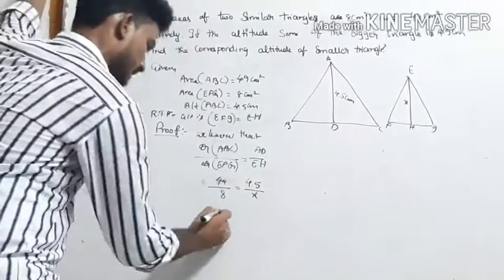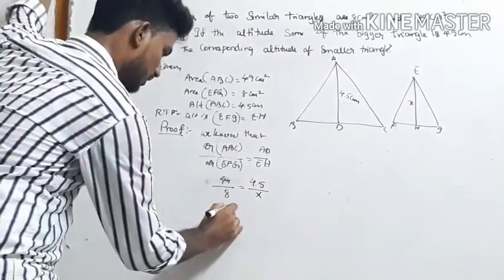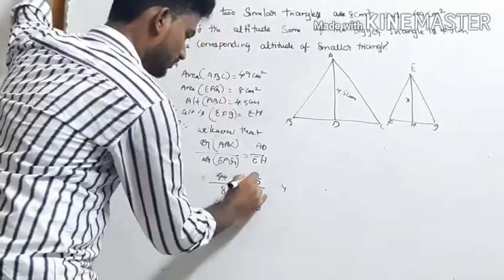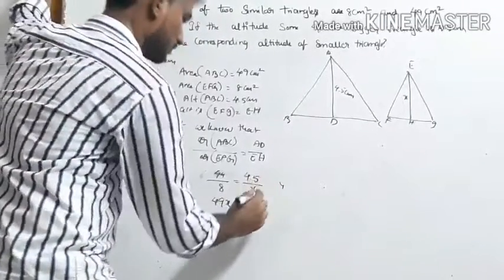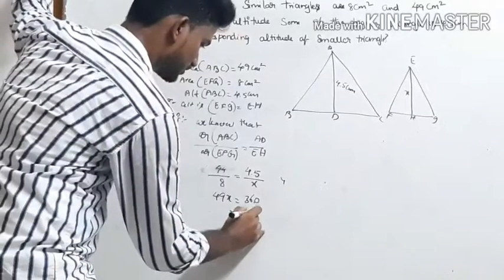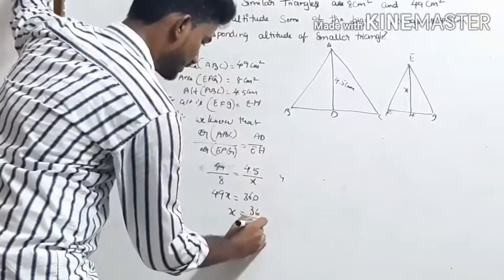See, by cross multiplication, 49x equals 8 times 4.5, which is 36. So x equals 36 by 49.